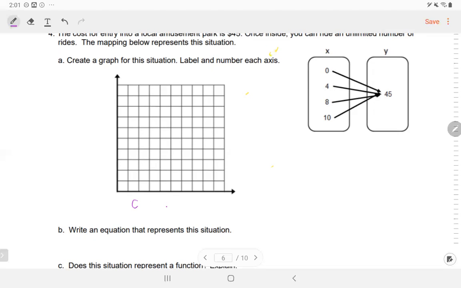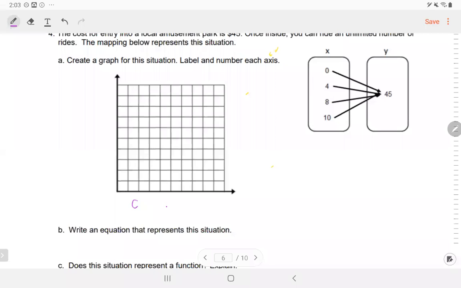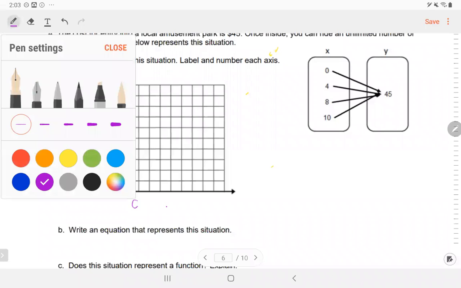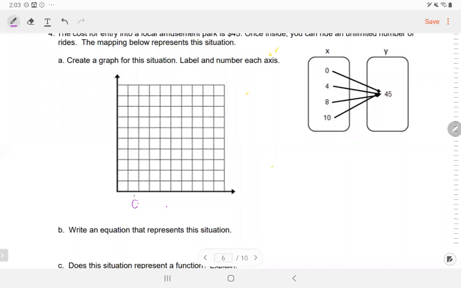So for our x, I should actually say that this is the number of rides, and our y is actually the cost.